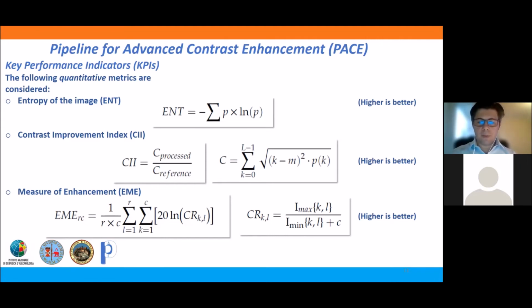Last but not least, we have a more recent metric, which is called measure of enhancement, or EME, and this measure of enhancement has been demonstrated to be successful to evaluate the enhancement on some applications, including some types of medical imaging.